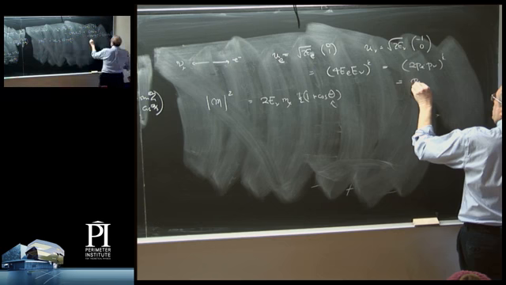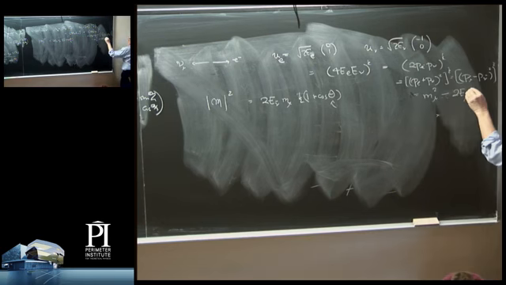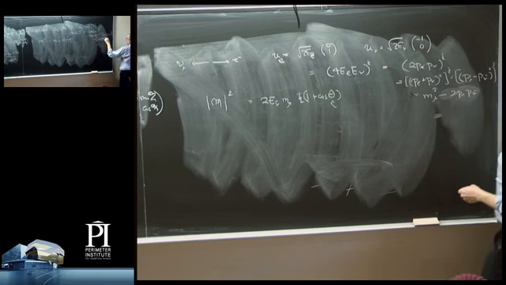This quantity here would just evaluate to m mu squared times 1 minus 2e mu, please excuse me, m mu squared times minus p mu times p nu.